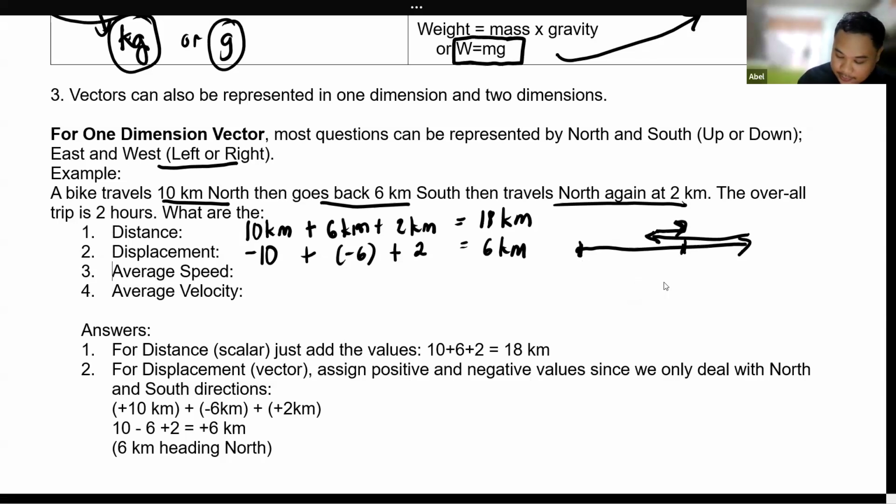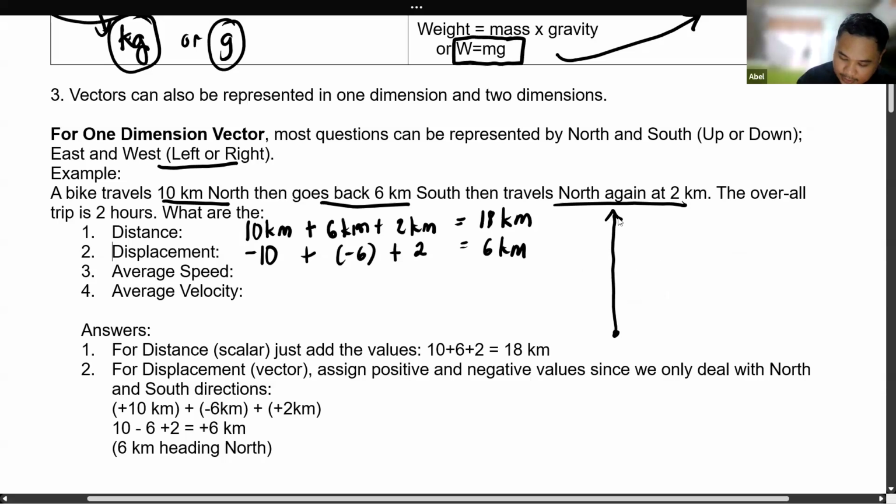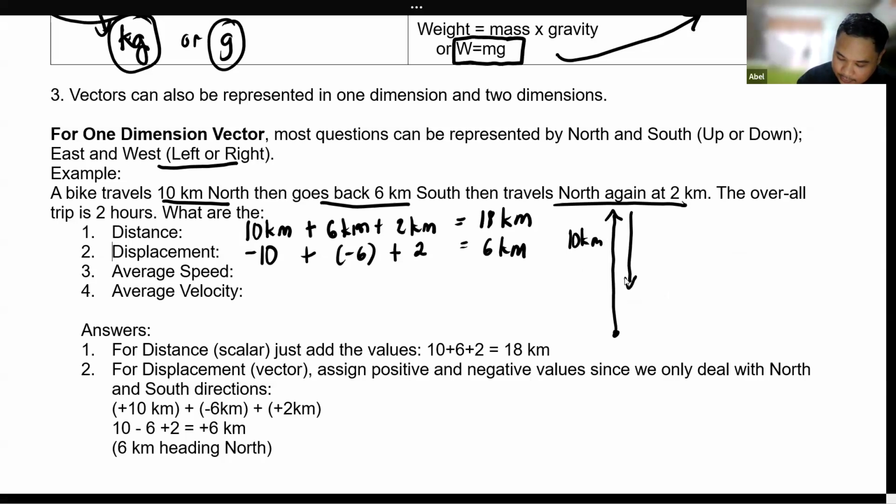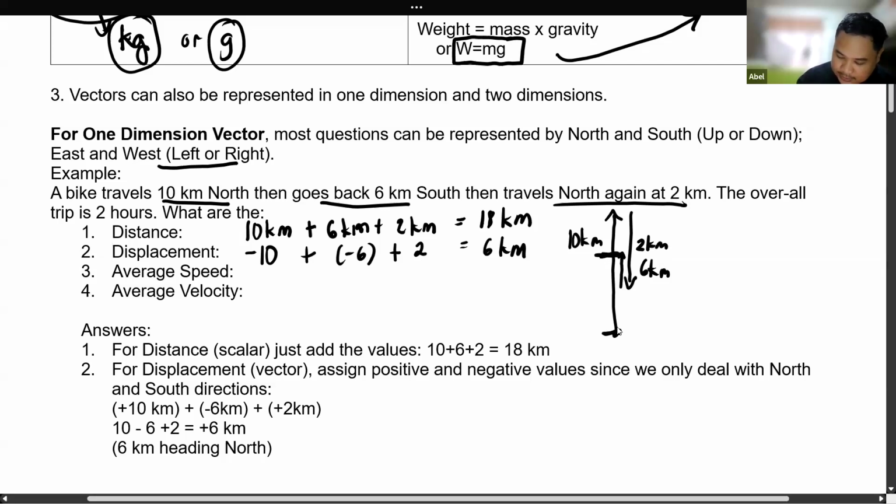Let me write my illustration here. Once you say displacement, it is from the starting point. So we have 10 kilometers going up, and then 6 kilometers going south, and then another 2 kilometers. So overall, this is the displacement, which is 6 kilometers.